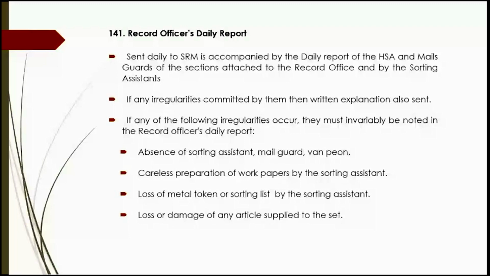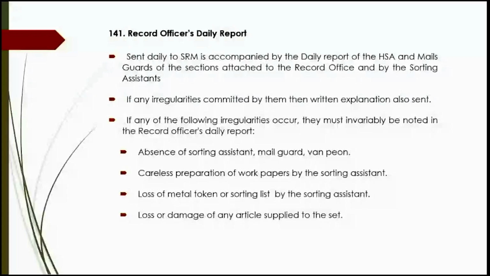When he sends his daily report, he has to accompany it with the daily reports received from the supervisors of mail offices, HSA, supervisors of the section, mail guards or mail agents who are attached to his record office, and the mail sorting assistants who are under his direct control. Along with those, his own daily report he has to submit to the superintendent.